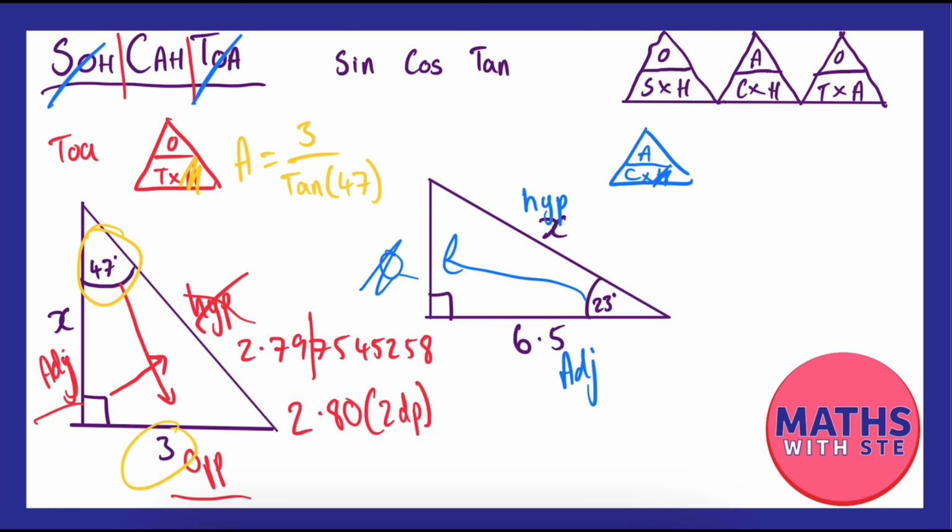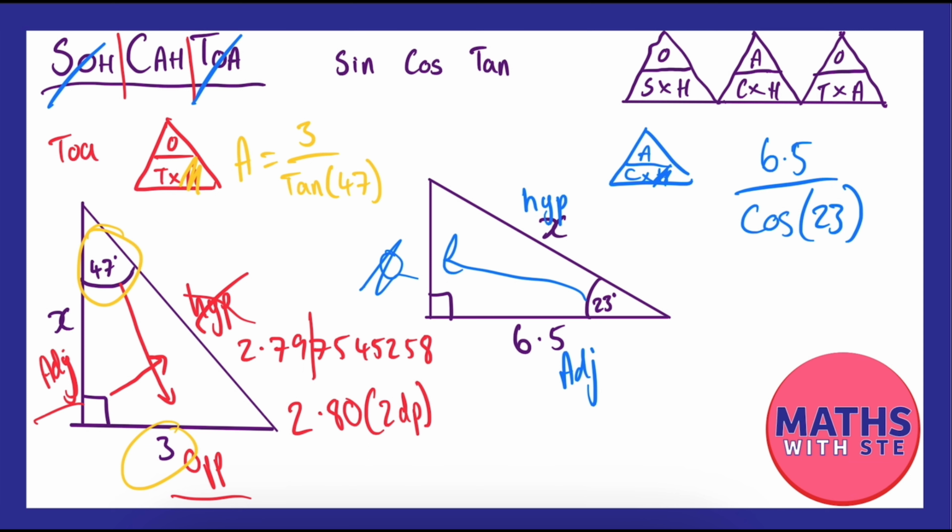Okay, so the A is 6.5, and that is going to be over C, so on your calculator it's going to be cos. Open the brackets, and what's inside that angle there is 23. Cos 23. Excellent. Get your calculator.